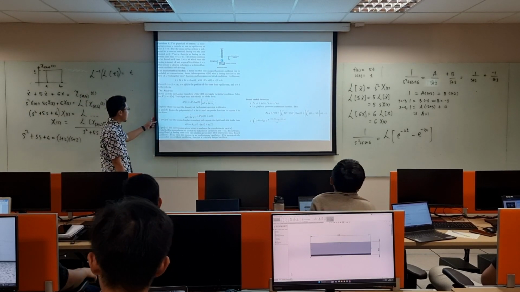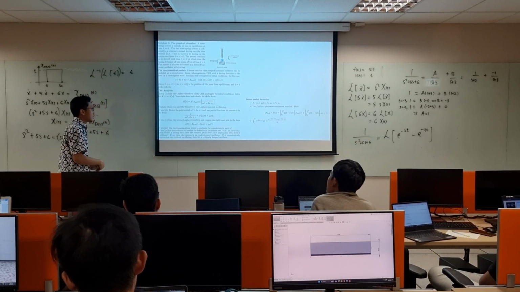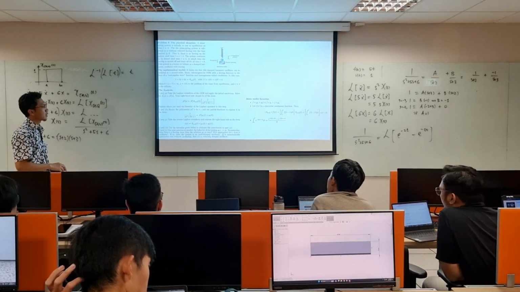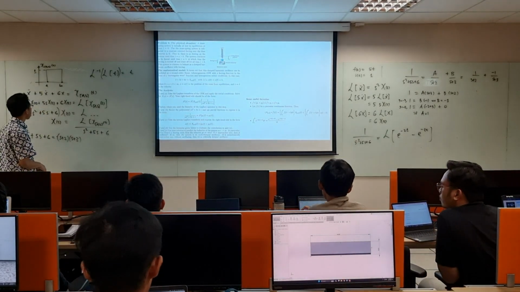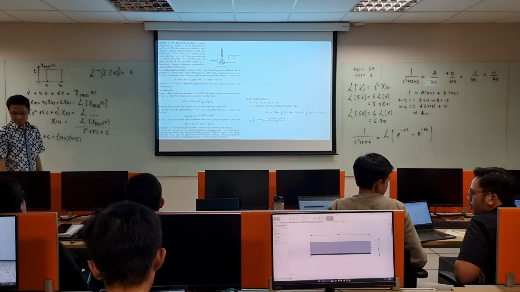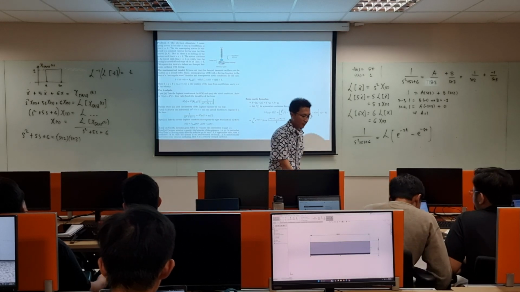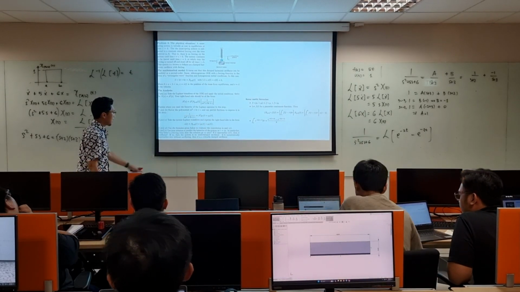Okay, now number three. This is the inverse of the next one to the right. So what does that mean? Inverse Laplace. What does that mean? Inverse Laplace of X. What is the X constant? That's right, the X of s.